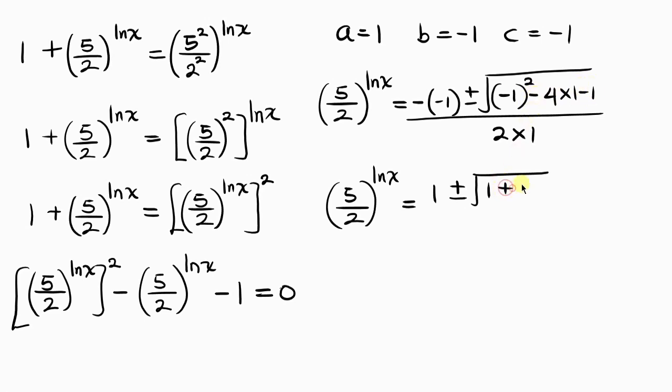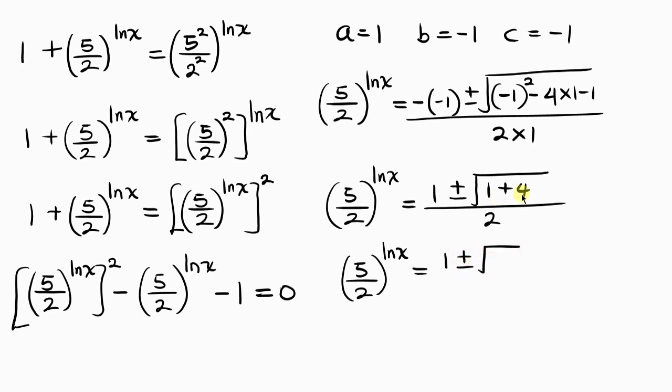So that's plus 4 all over 2 times 1, that's 2. So 5 over 2 to the ln x is equal to 1 plus or minus the square root of 1 plus 4, which is 5, all over 2.